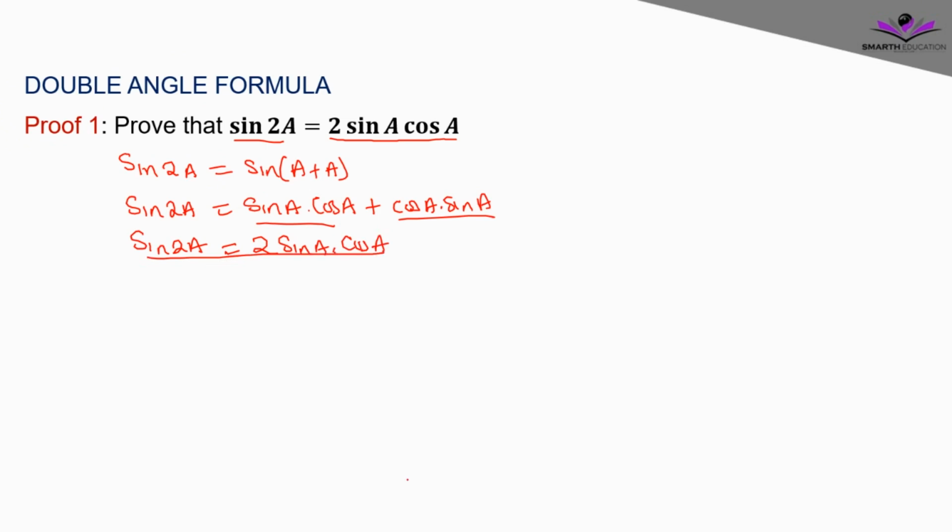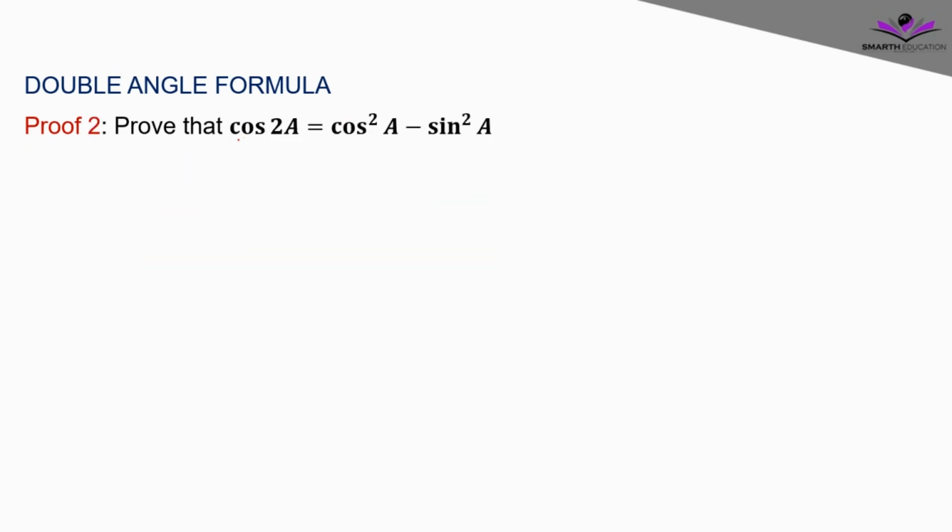Let's go to proof number 2. We are required to prove that cos 2a is equal to cos squared a minus sine squared a. We say that cos 2a is just the same as cos a plus a, right?